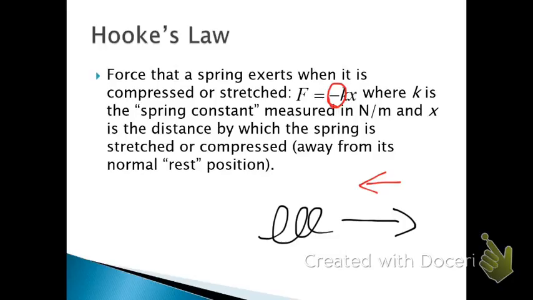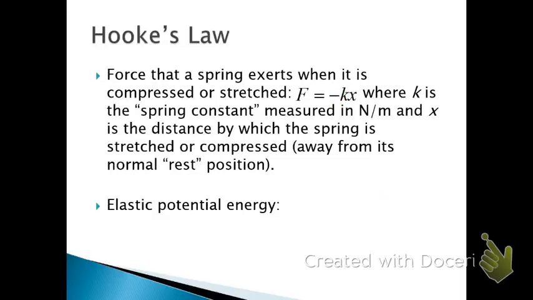Not only that, it stores up some potential energy. If I set an object on a spring and push and compress that spring down, it gets spring-loaded. If I then let it go, that compressed energy inside the spring converts over to kinetic energy. So that compressed energy within the spring is what's known as elastic potential energy.